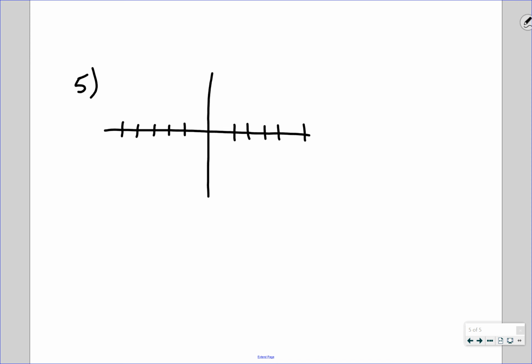Number 5. I have a graph that looks like this. Again, this is f prime of x.